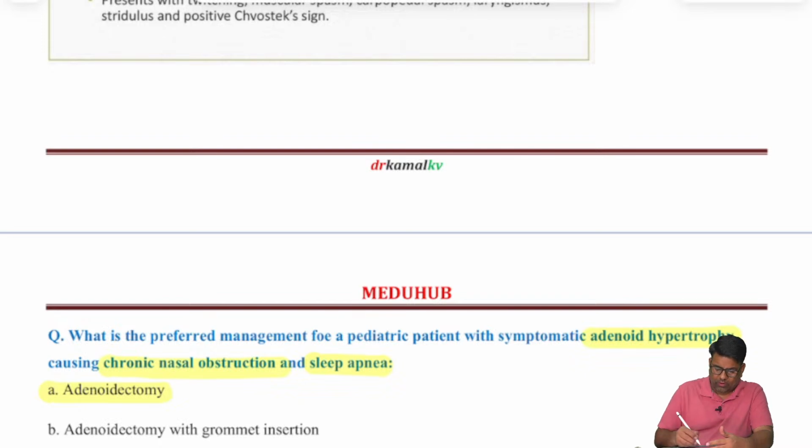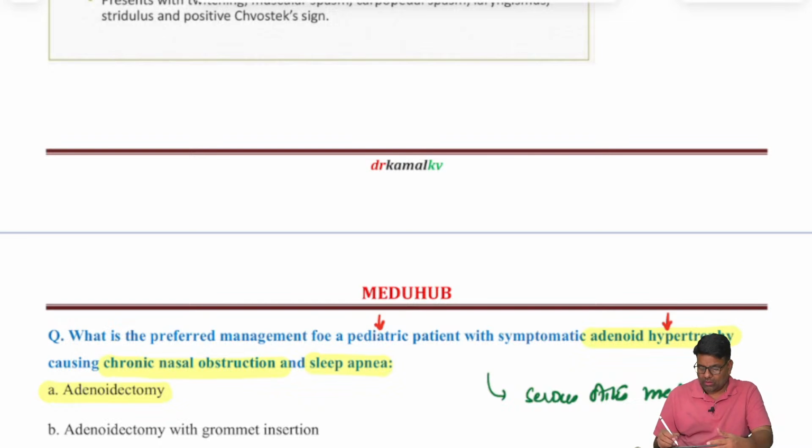It is very important to remove the adenoid at an earlier period in the pediatric age group, because if this entity is not addressed, then what will happen? Patient may later have serous otitis media, there may be a high arched palate, and so on.